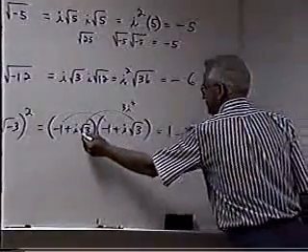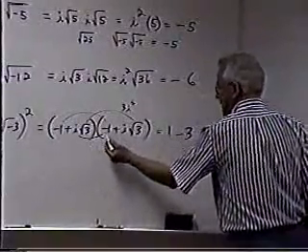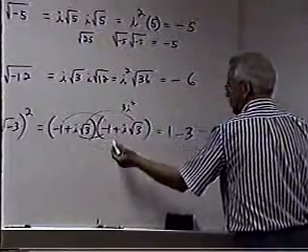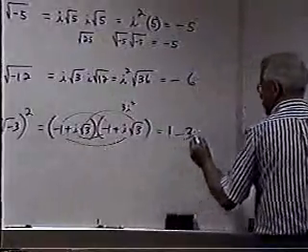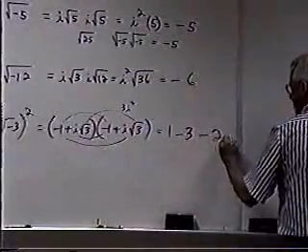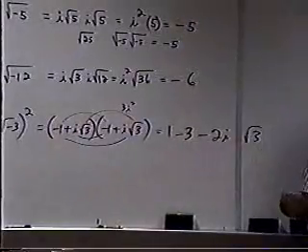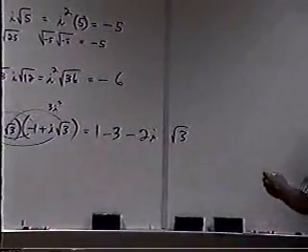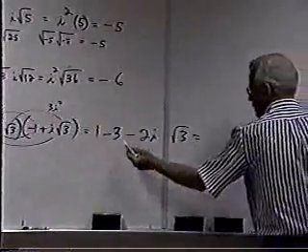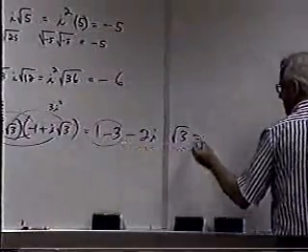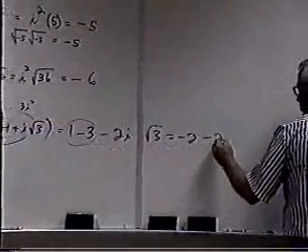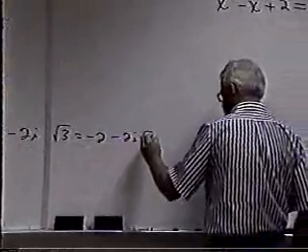Then this is a minus i times the square root of 3, and this is another one of those minus. So that's minus 2i times the square root of 3. So therefore our final answer is the real parts added, so that's minus 2, minus 2i times the square root of 3.